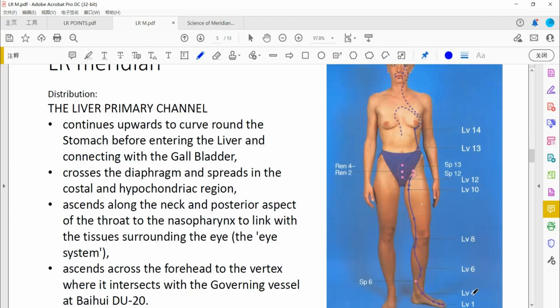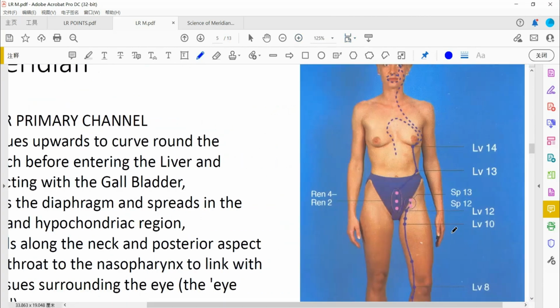In this picture, this is SP12 and SP13, and it circles the genitals and goes up. CV2, CV3, CV4.